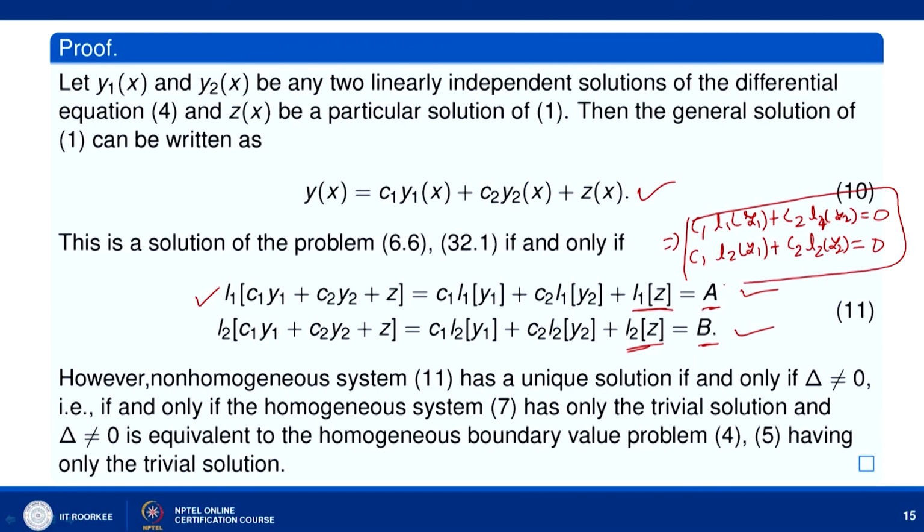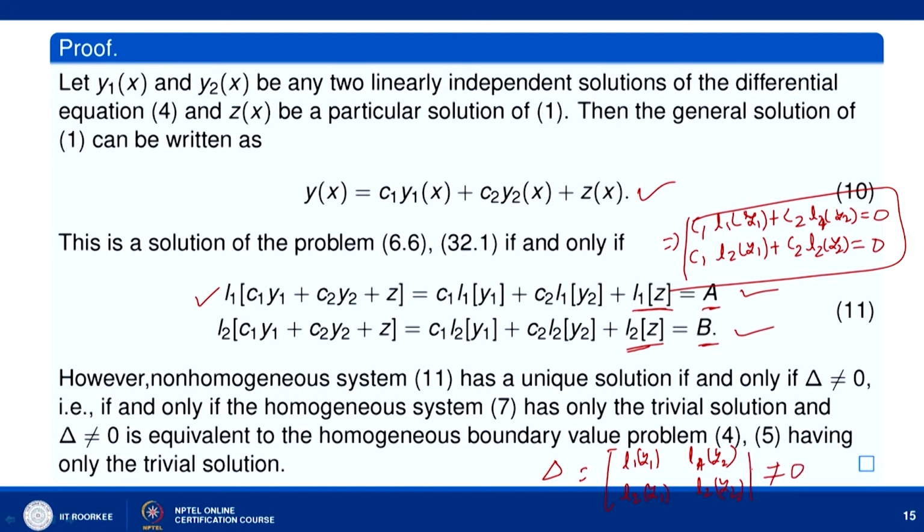And if you remember, this is precisely the term we discussed: this equal to 0 implies that the homogeneous part has a unique trivial solution, provided that this delta, which is given as the determinant of L1 y1, L1 y2, L2 y1, L2 y2, is non-zero.